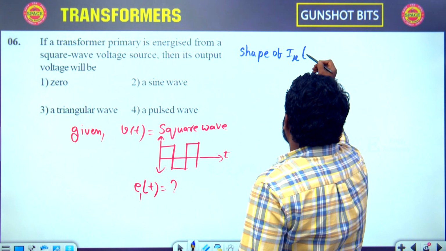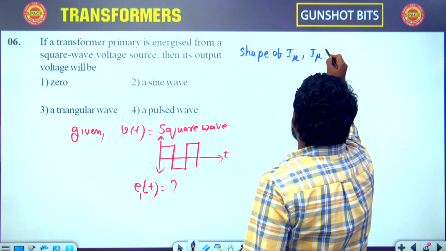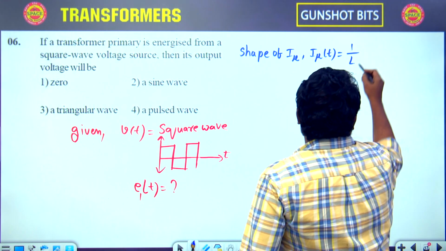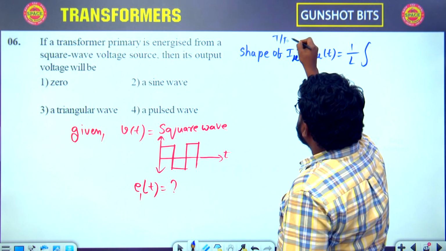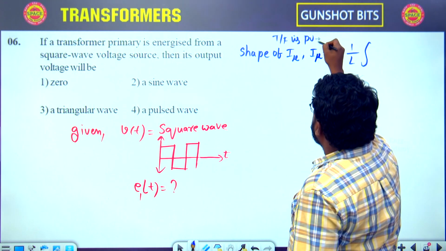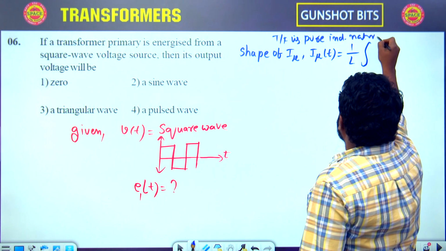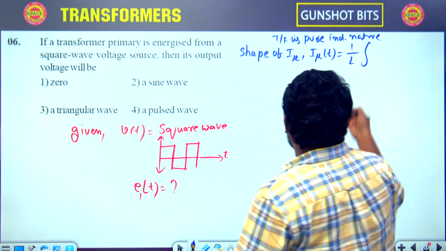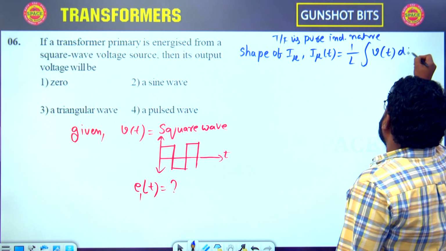It is denoted by Im(t), which is equal to 1 by L times the integration of v(t) dt. The transformer is of pure inductive nature, and in a pure inductor the current is equal to 1 by L times the integration of the voltage v(t) dt.